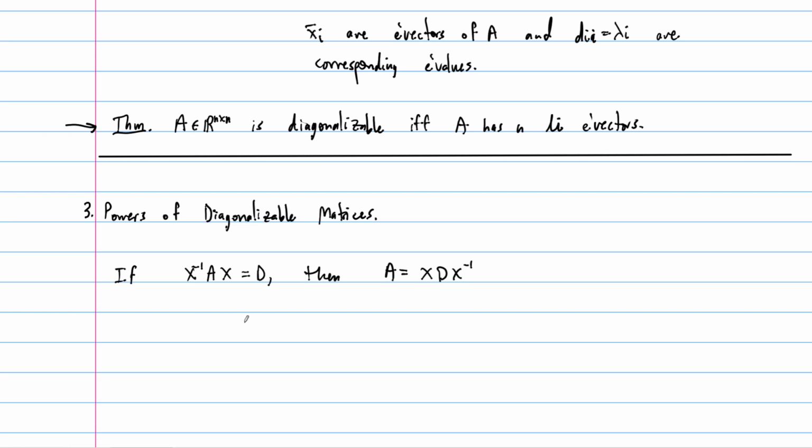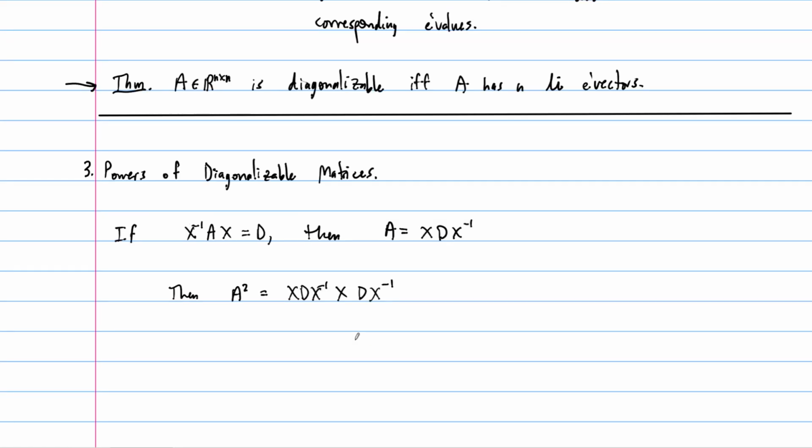And then we can take the powers of A. So then we can write A squared is equal to x D x inverse times itself, so times x D x inverse. And at this point we see x inverse times x, that's just the identity matrix. And we know that I times D is just D. So this ends up being x times D squared times x inverse.